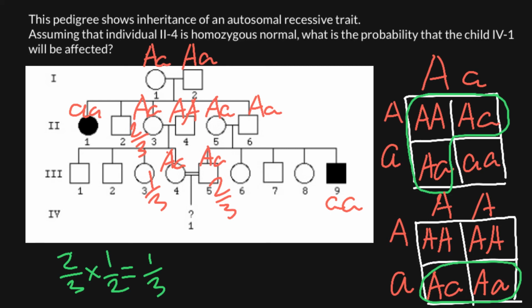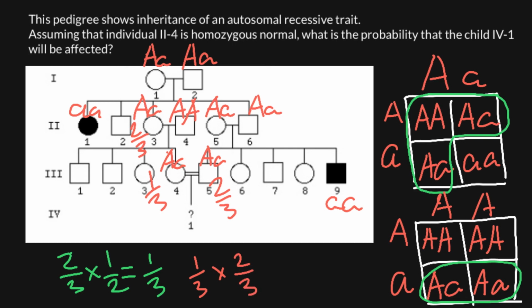Now we know the probability for the mother to be heterozygous is 1/3, so let's put this number here. The probability for her husband to be also heterozygous is 2/3, so we have to multiply these two independent probabilities.